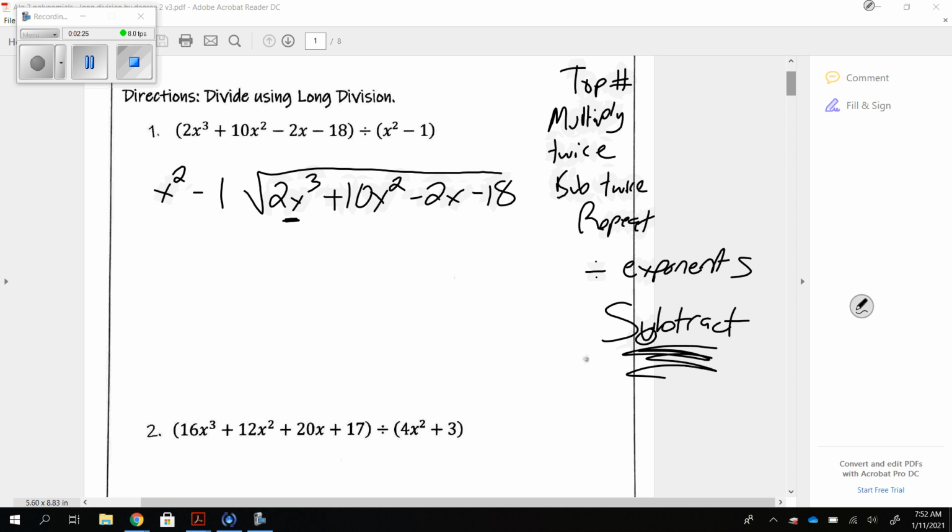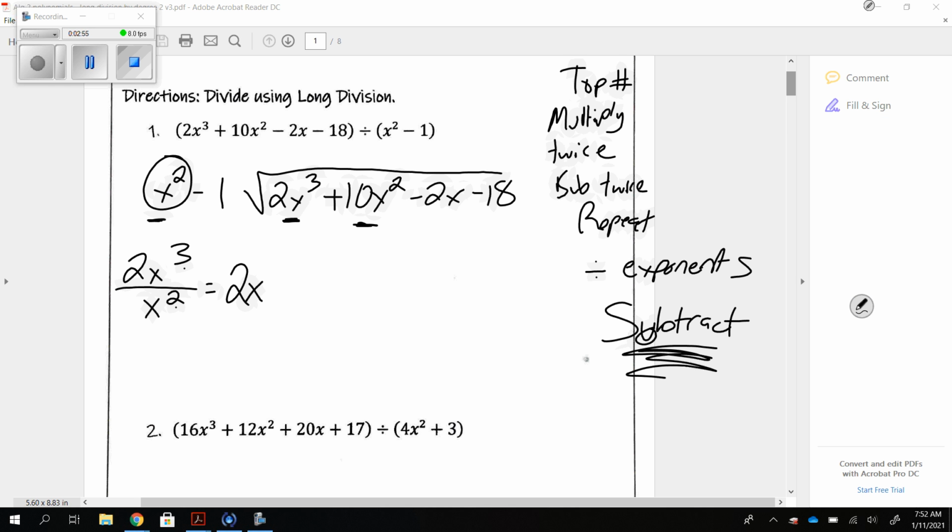First, we're going to take 2x cubed divided by x squared, and we're going to take 10x squared and divide that by x squared. If I write it out like this, 2x cubed divided by x squared, we know that 2 is going to stay. And when you divide exponents, x cubed and x squared, you get just 1x. 3 minus 2 is 1, so x.